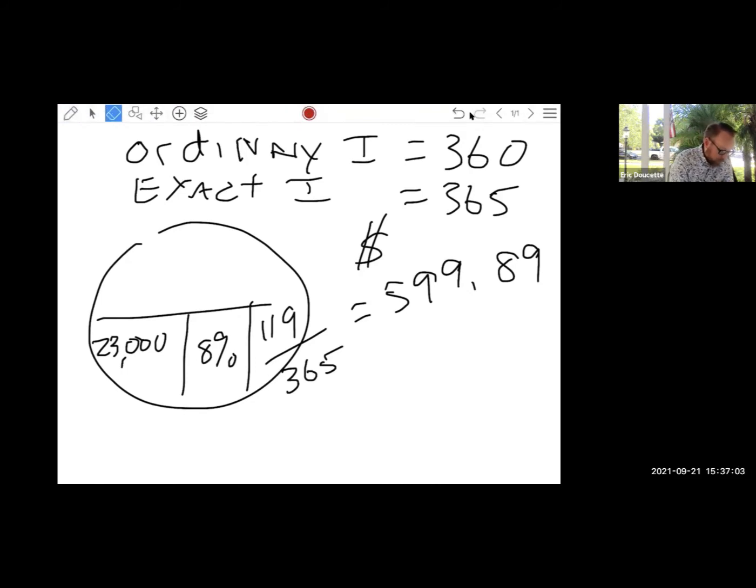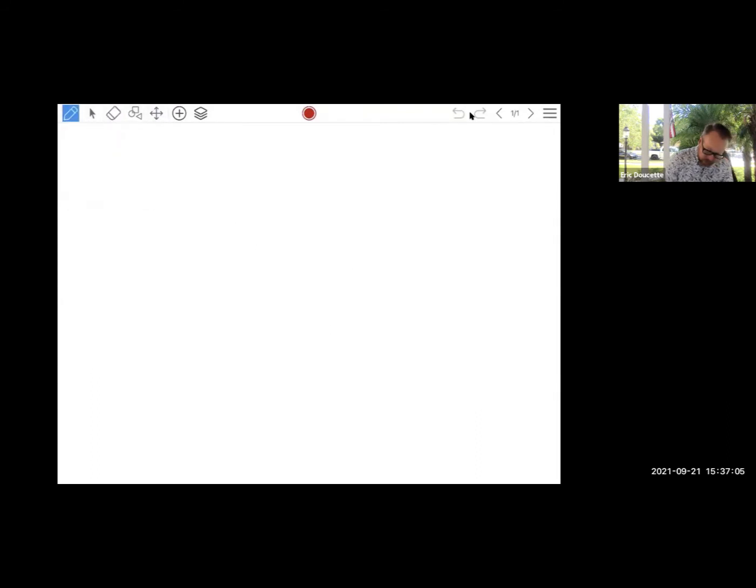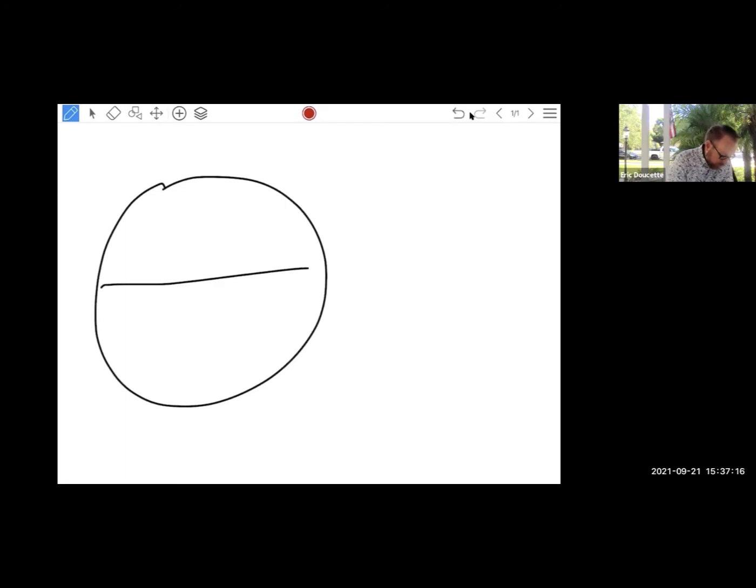Then if we jump down to problem number 3, in example 3, try it exercise number 3, it says Karen Mitroff goes to the bank and borrows $15,000 at 9.5% interest for 250 days. And they want us to use the ordinary interest method, which is 360.